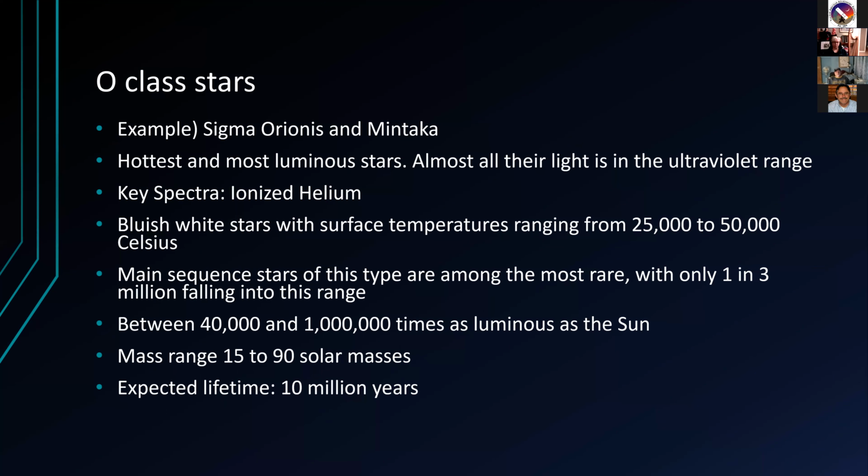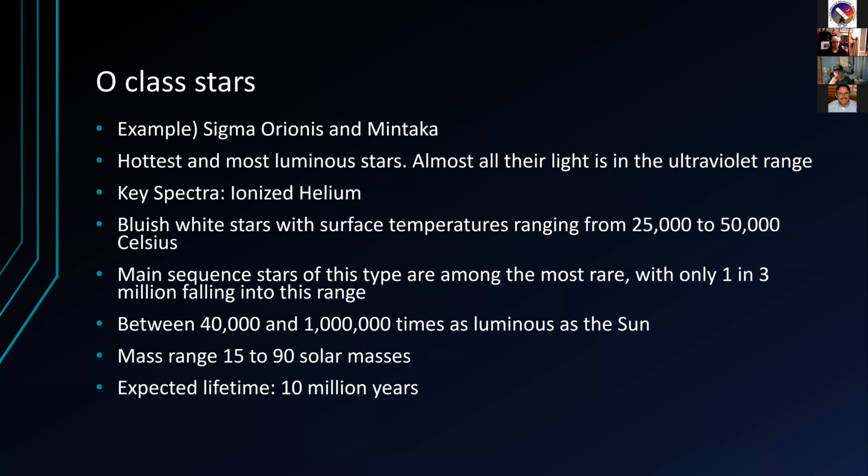These stars are bluish white in color, and they have a surface temperature ranging from around 25,000 to 50,000 Celsius, which is ridiculously hot. They are among the rarest type of main sequence star in the night sky, with about 1 in 3 million stars actually being in the O class.